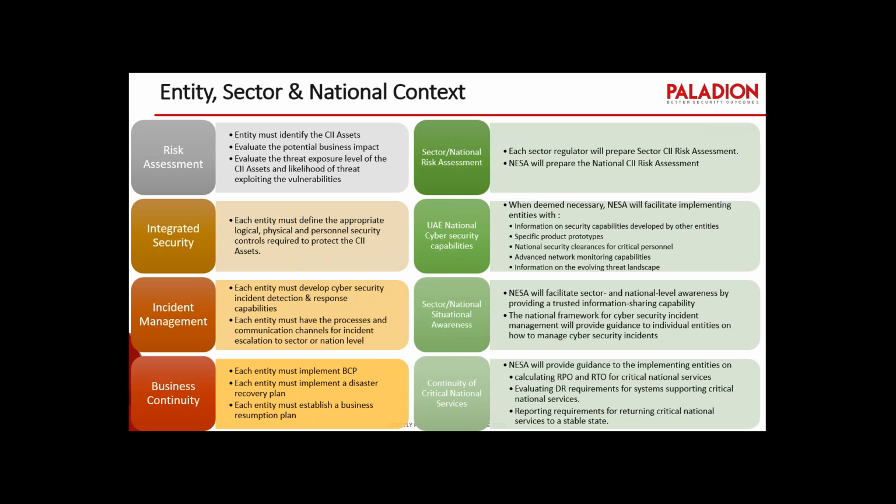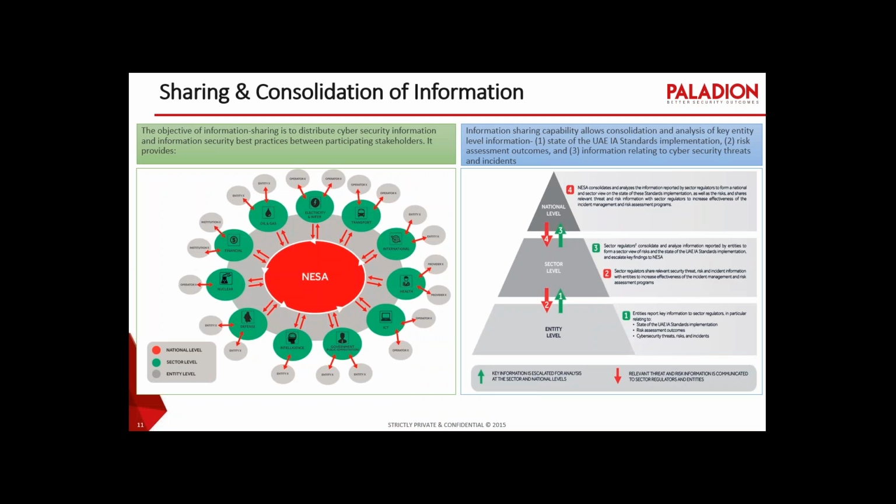So on one hand, you have the entity context, which is what all entities within each sector will have to implement. And on the other hand, you have the sector and national context capabilities, which primarily complement the entity context capabilities. The third one, which we spoke about, is the information sharing capability that NESA is building.